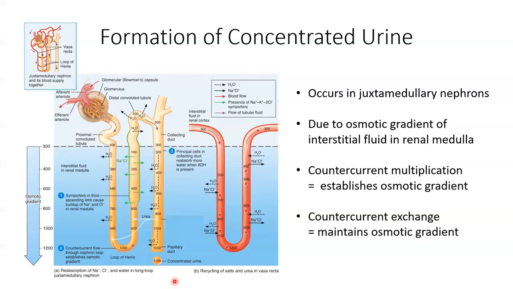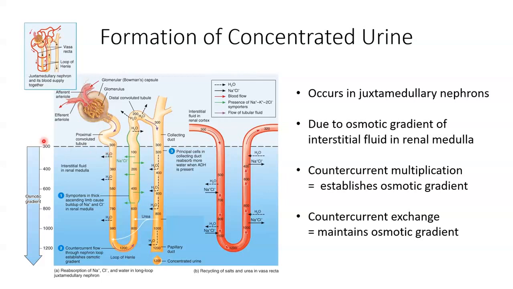There are two things that help us produce concentrated urine. They are the long nephron loops in the juxtamedullary nephrons, which remember dip really deep down into the concentrated interstitial fluid of the renal medulla, and then also the presence of antidiuretic hormone.